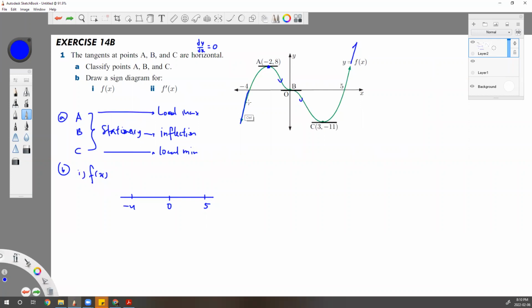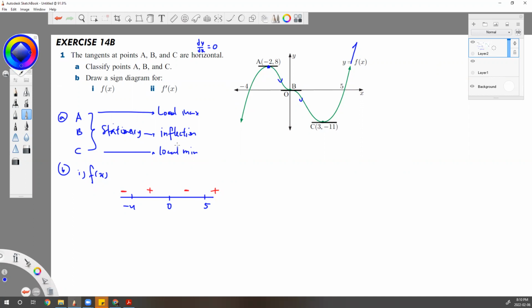Going down, so the value of y is negative. After it meets -4 to 0, it is positive, until 0, right? And then 0 until 5 is negative, and then above 5 is positive. See, I think it's quite simple.